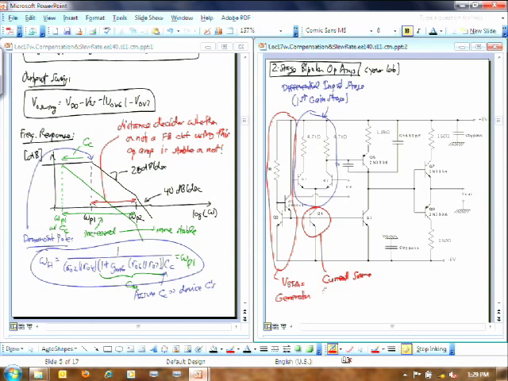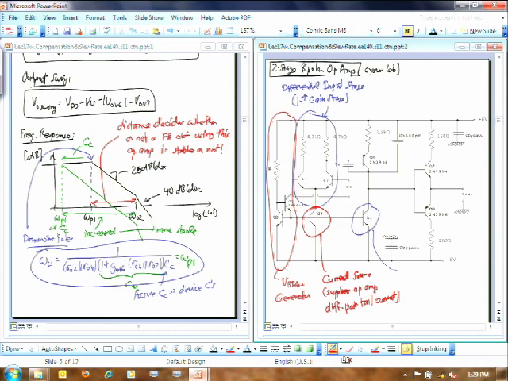And so obviously this thing here is yet another current source. But this is now serving as the active load for this stage right here, which is a degenerated common emitter amplifier.